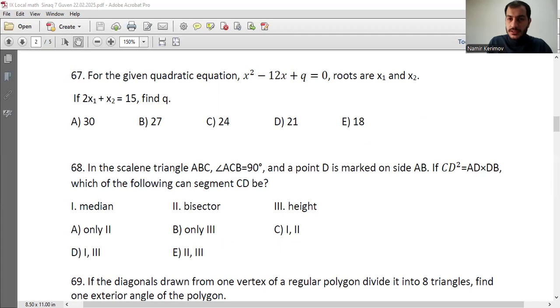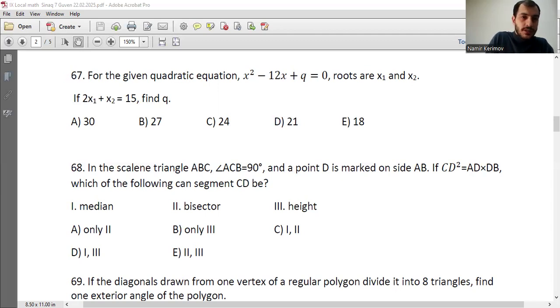So that will be negative 12 divided by 1, that should be 12. And now we can say x1 plus 12 is 15. So x1 is 3. If x1 is 3, then we can substitute it. We know that 2 times x1 plus x2 is 15. And if x1 is 3, that will be 6 plus x2 equal to 15. So x2 equals 9.